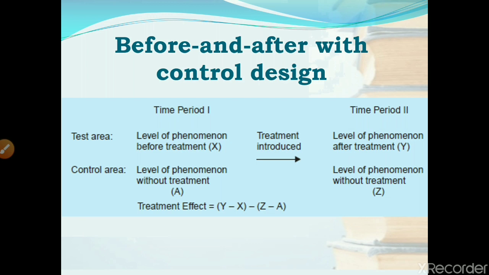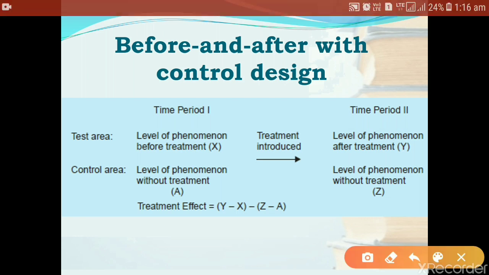So the treatment effect is determined by subtracting the change in the dependent variable in the control area from the change in the dependent variable in the test area. This is superior to the earlier two designs, because it avoids the extraneous variation resulting both from the passage of time and from non-comparability of the test and control areas.